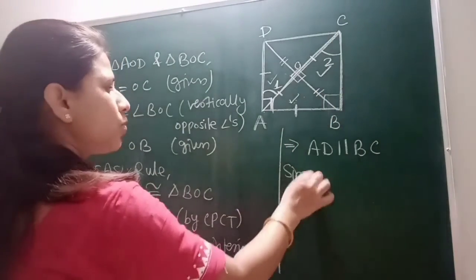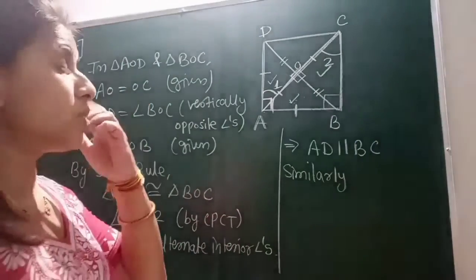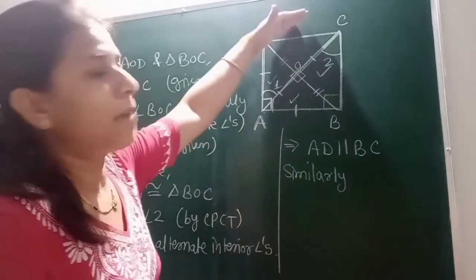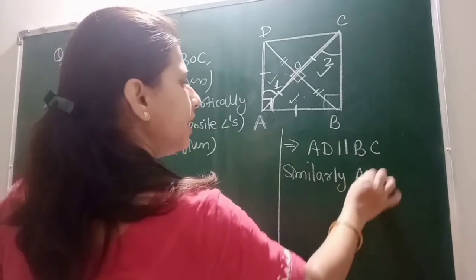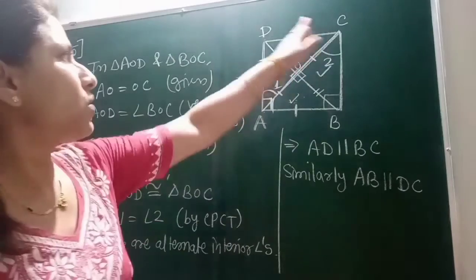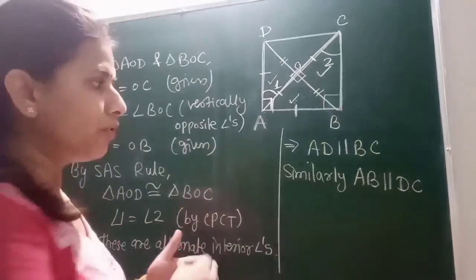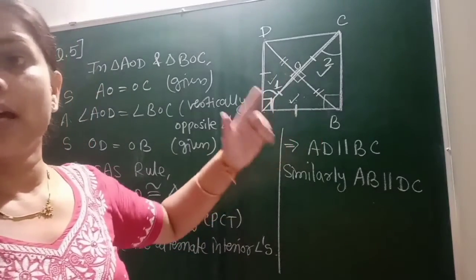Similarly, what we will get, student? Yes, another pair of opposite sides will also be parallel. Similarly, AB will be parallel to DC. So, in this quadrilateral ABCD, all sides are equal as we proved, and opposite sides are also parallel.